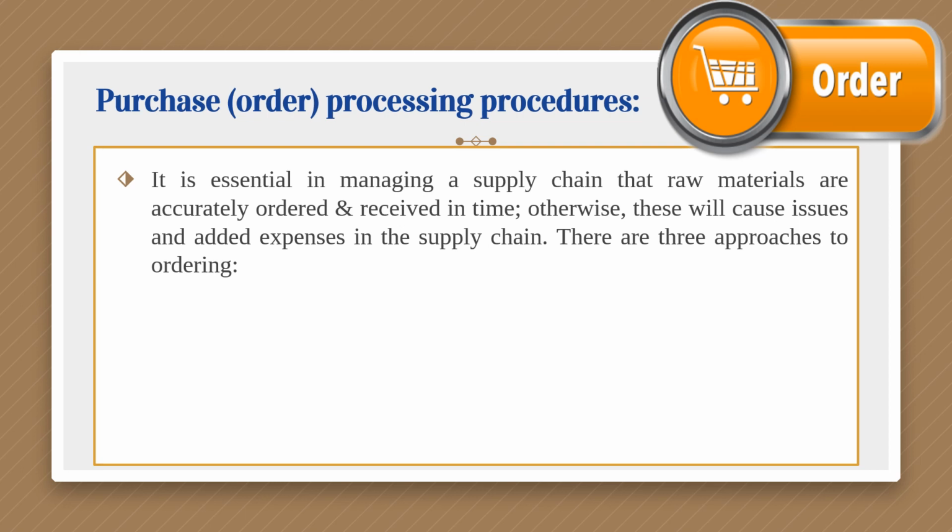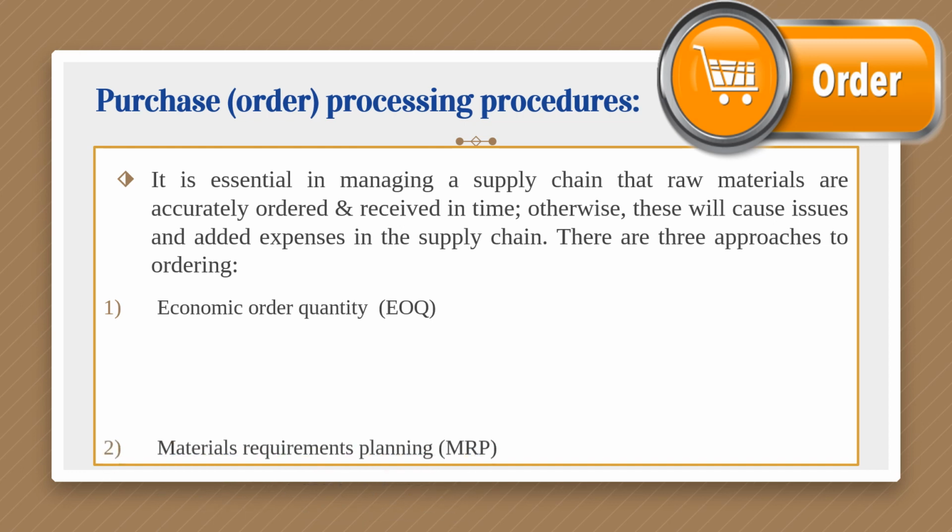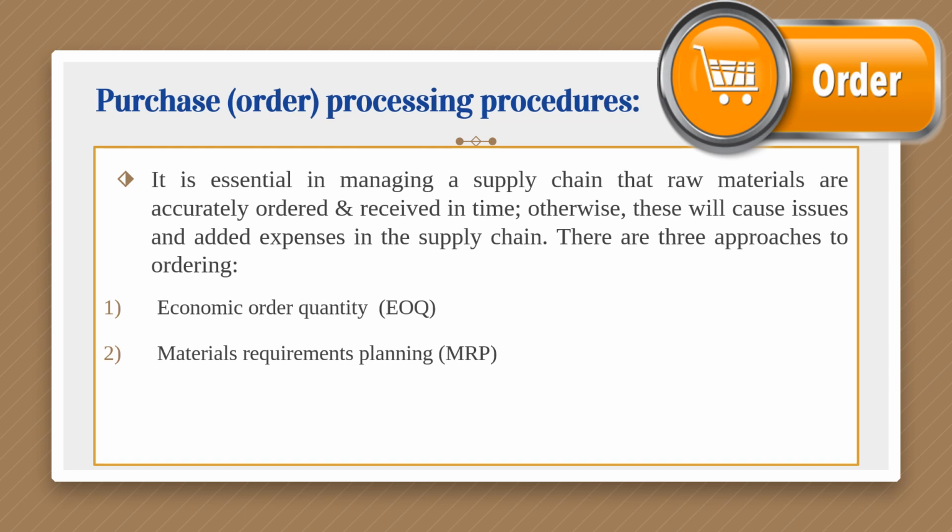Let's say that if we don't receive the raw materials at the right time, then the workers on the production line will be doing nothing, waiting for the items to arrive. So there are three approaches to manage ordering. One is economic order quantity, EOQ, then materials requirement planning, MRP, and just-in-time inventory, JIT.